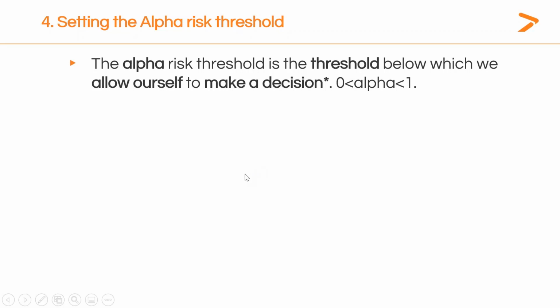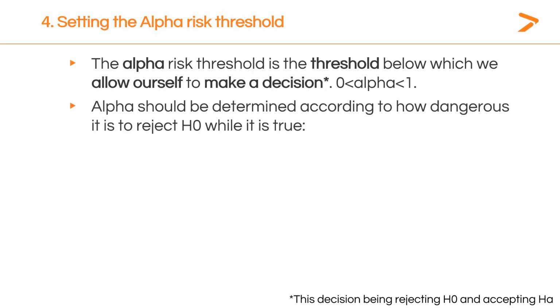You as a user should be choosing your alpha risk threshold. It's not the software that computes the threshold for you. You need to choose it according to the amount of severity you want to put in making a decision or not, how conservative you want to be. Alpha should be determined according to how dangerous it is to reject H0 while it is true.